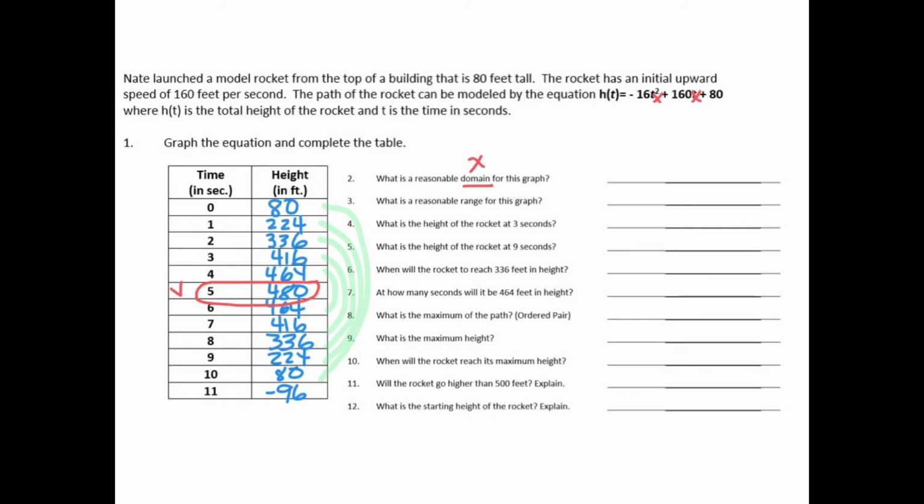So it'll be a good estimate to say that the x values go from 0 all the way. Mathematically this says negative 96, but that's not true. Once it reaches 0, that's going to be it. So we're just going to say it's going to be about 10.5.